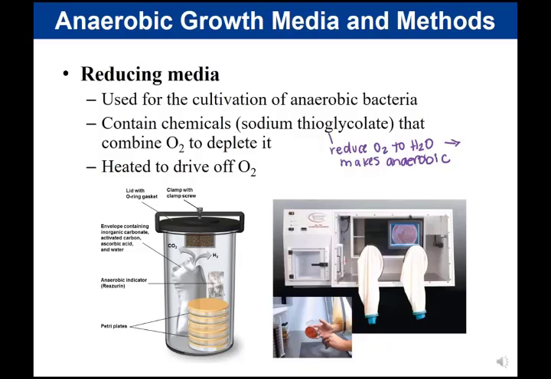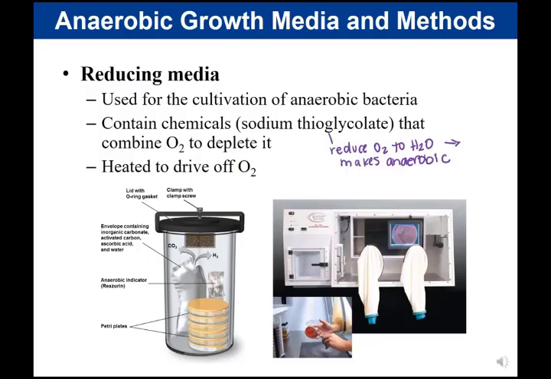Also our anaerobic jar. If you recall our anaerobic jar, in the jar we placed that envelope, and that envelope had our Anaerogen chemicals in it. And those Anaerogen chemicals were there to reduce the O2 to water, which made our chamber anaerobic.